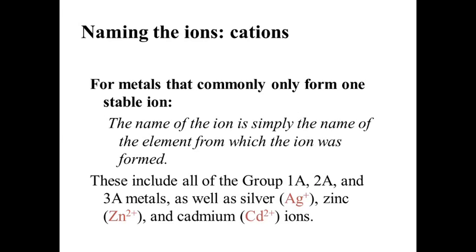So if you find silver, cadmium, and zinc on your periodic table, those you can always hang your hat on too. And so actually those will all be the name too. So silver is +1 always, cadmium and zinc are always +2.